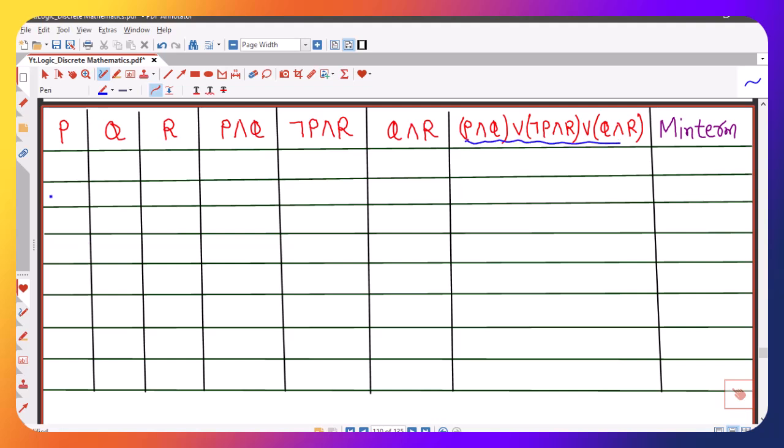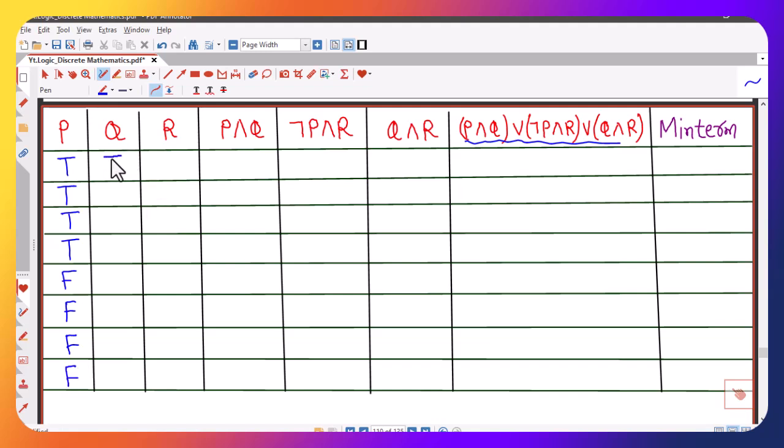In the case of three variables also we have discussed how to write down the truth table, and first we have to write down the possible combinations for truth values of p, q and r. If you recall, in earlier lectures we have written possible combinations in this way: 4 times true and 4 times false for variable p.